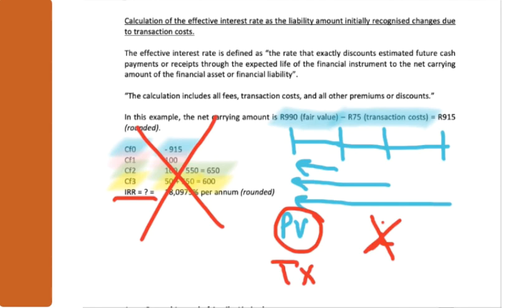Please remember that this IRR, the internal rate of return, the one that we calculated now, is a market-based amount because our PV was a fair value. It represents a fair value. That then got changed with the transaction cost, but it's still a market-based interest rate, this new effective interest rate that you just have to calculate if there were transaction costs.